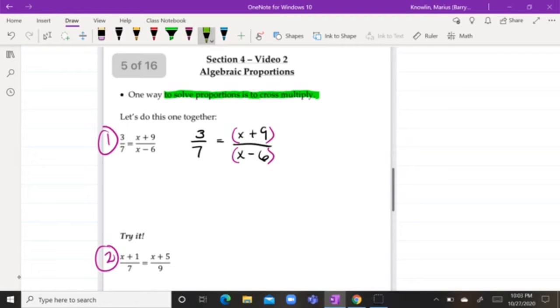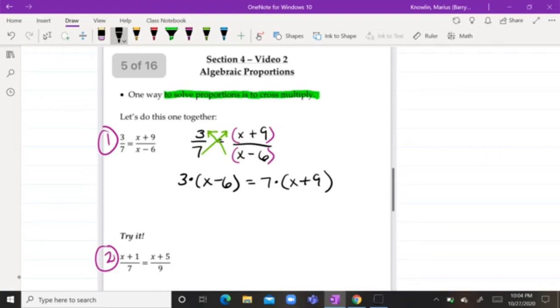And when you cross multiply, I'm gonna take the 7 and multiply it times the opposite numerator, x plus 9. And this denominator, this group, x minus 6, is gonna be multiplied times 3. So when I rewrite it, you're going to see 3 times x minus 6 equals 7 times x plus 9.